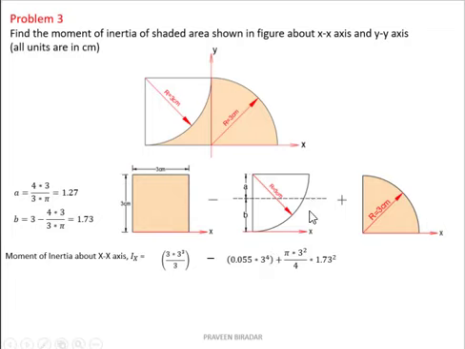This centroidal axis I need to transfer to x. The distance is B, that is area pi r square by 4 into B square. B is nothing but 1.73 square. Plus this is pi into r4 by 16. Solving, you will get moment of inertia Ix equal to 17.29 centimeter to the power 4.